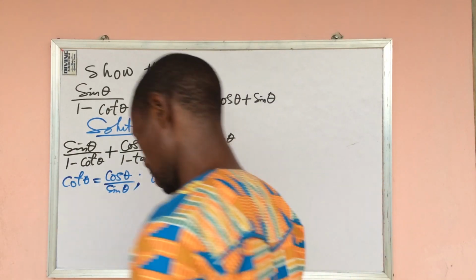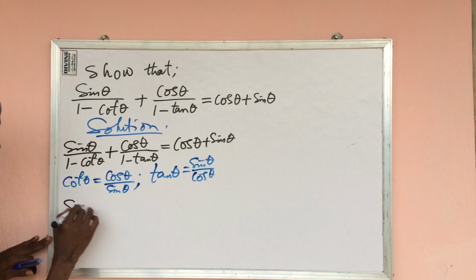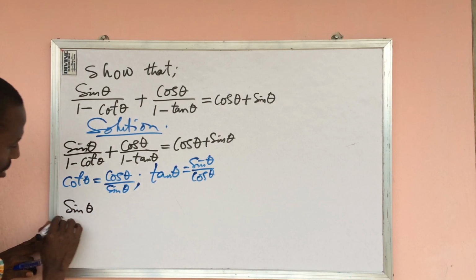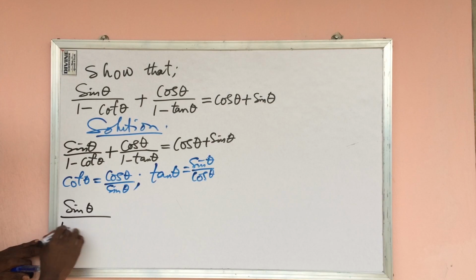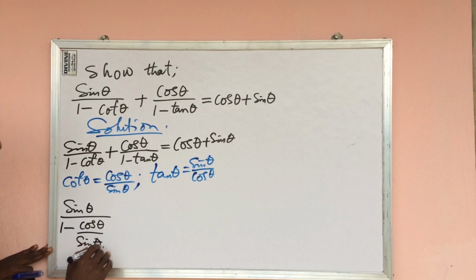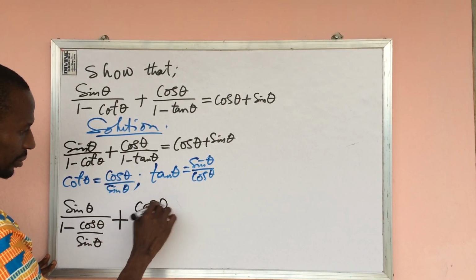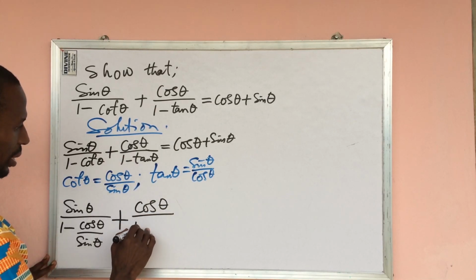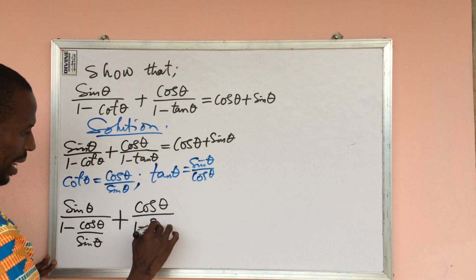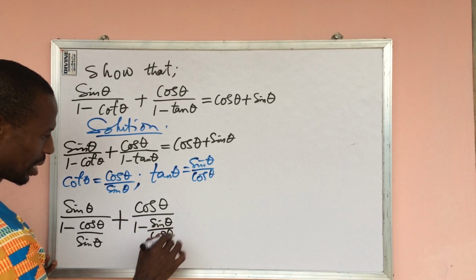The expression will automatically become sin theta all over 1 minus cos theta all over sin theta, plus cos theta all over 1 minus sin theta all over cos theta.